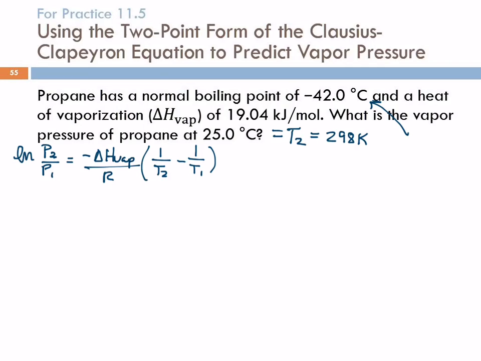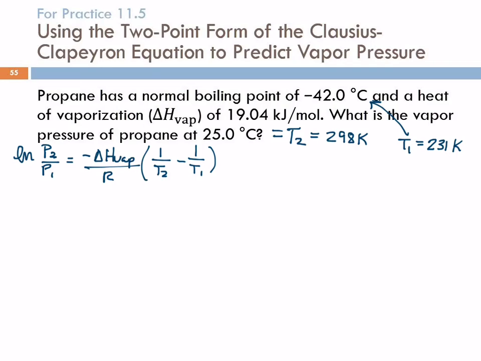Then this is what we're going to call T1. T1 is minus 42, so we have to take minus 42 and add 273. So that's going to equal 231 Kelvin. And they gave us delta H.